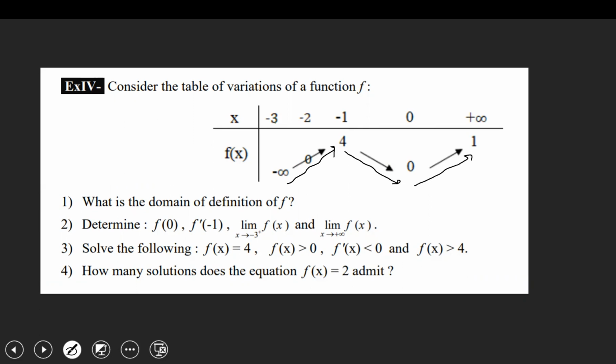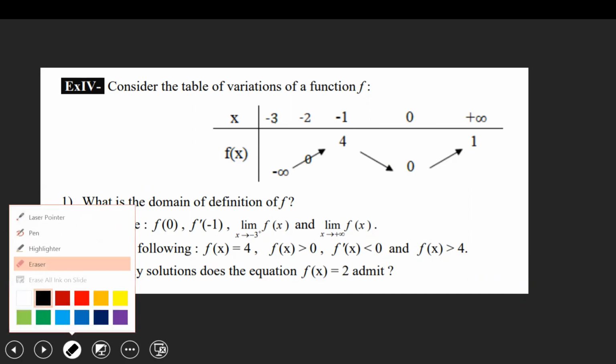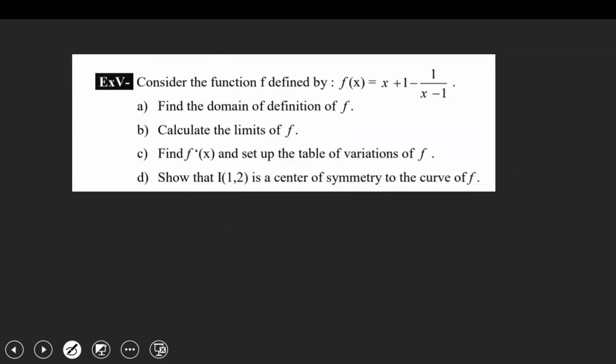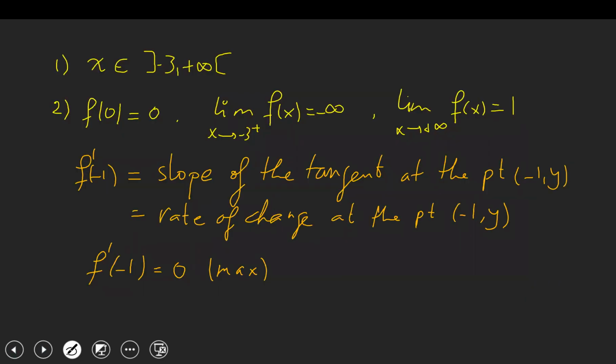So I touch 4 only one time, when x is minus 1. So what is the solution? Part 3: if f of x equal to 4, this means that x is equal to minus 1.